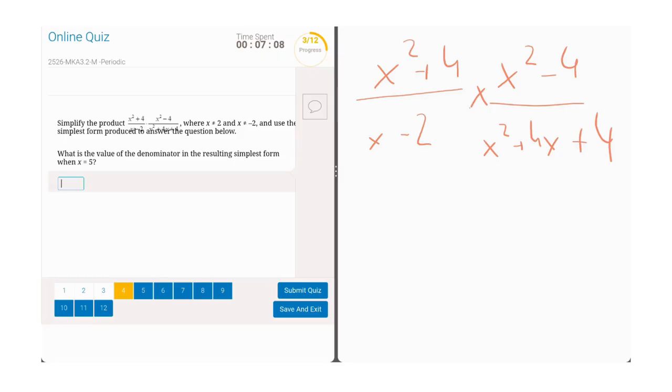Here we have to factor everything, so with the first fraction you can't cancel out this. The numerator is not a difference of two squares, it's the addition of two squares, so we cannot factor it more than this. And the denominator we cannot factor, but we can factor x squared minus 4 here. It will become x minus 2 into x plus 2.